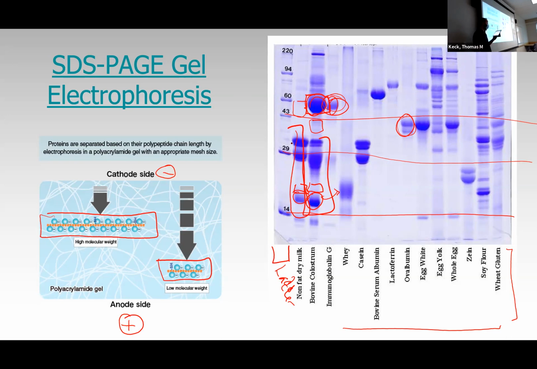So you need to get rid of whatever this is, whatever this is, whatever this is down here. The reality is you're getting rid of all the other proteins as well as all the non-protein stuff too.